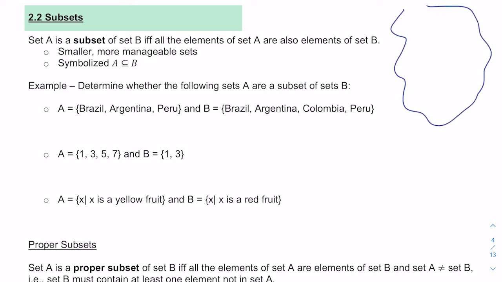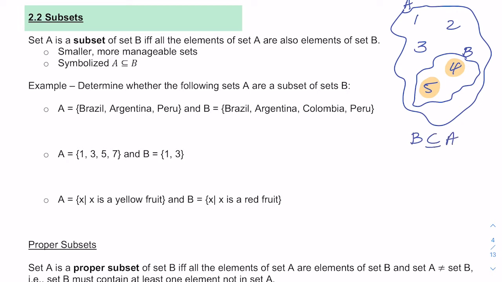If I think of this as set A, and in set A I've got the numbers 1, 2, 3, 4, 5, and I want to pull out just 4 and 5, then 4 and 5 would be my subset, so we'll call that B. So here B would be a subset of A. In this case, that just means that all the elements of set B are also elements of set A.